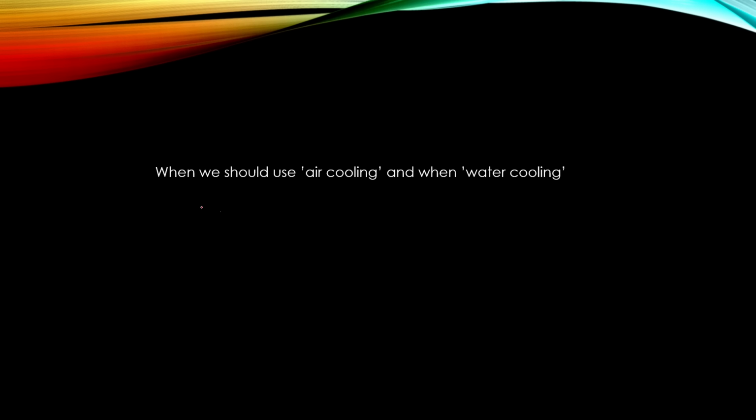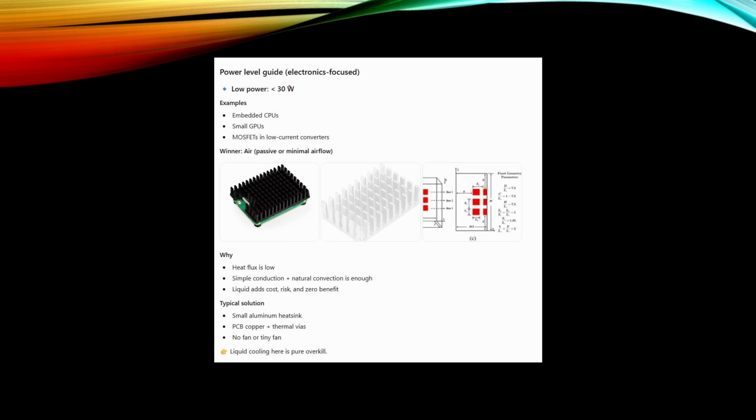When should we use air cooling and when water cooling? We can say that when the power level is below 30 watts, we always use air, because the heat flux is so low and typically simple conduction and natural convection is enough.